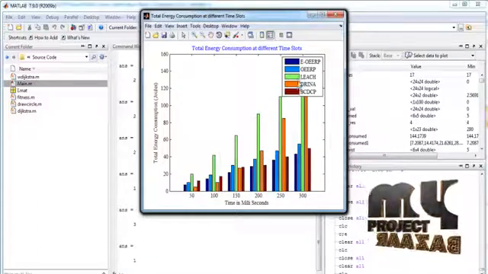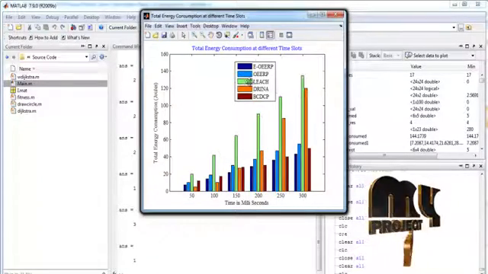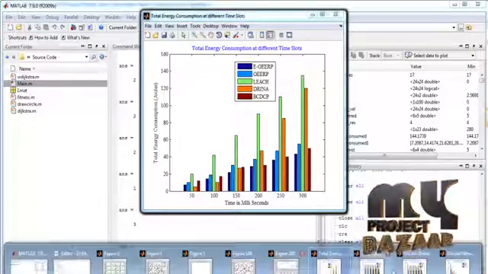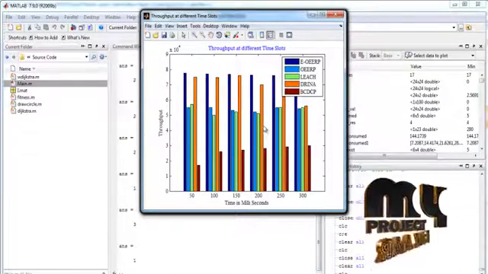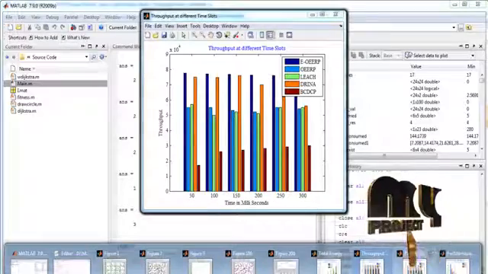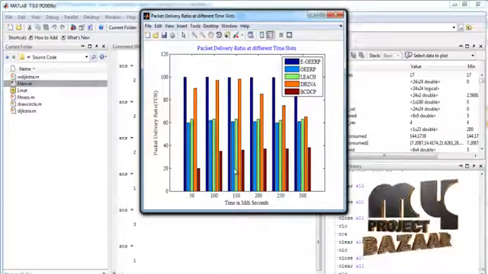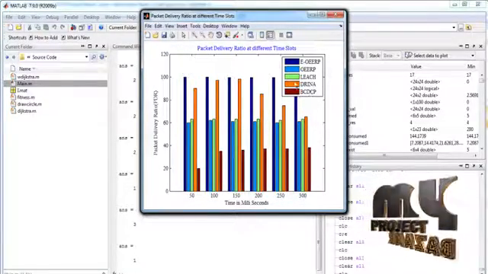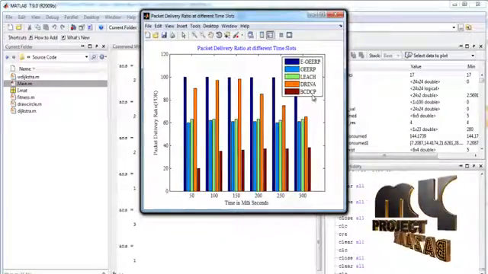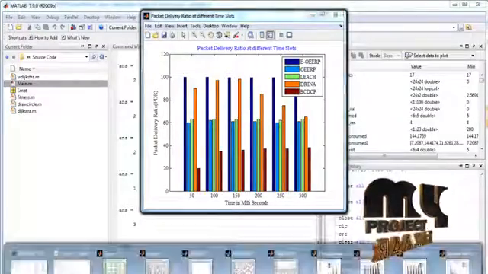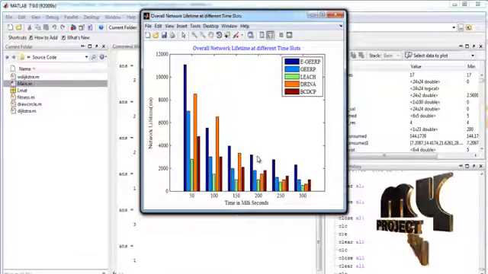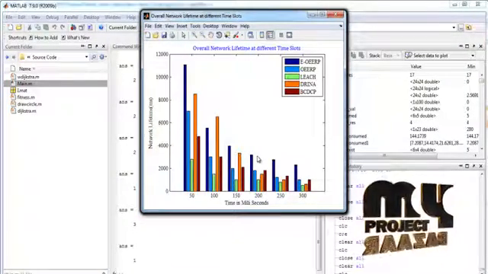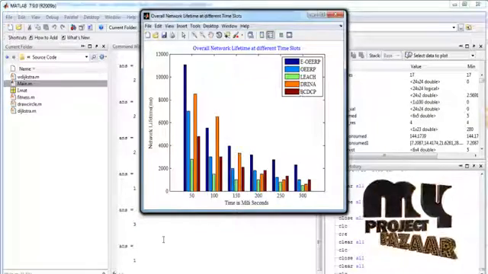This process is performed for different existing methods, and here the throughput at different time slots is shown, and this is the packet delivery ratio at different time slots with the different comparing existing methods. This is the overall network lifetime at different time slots with the existing comparison methods.